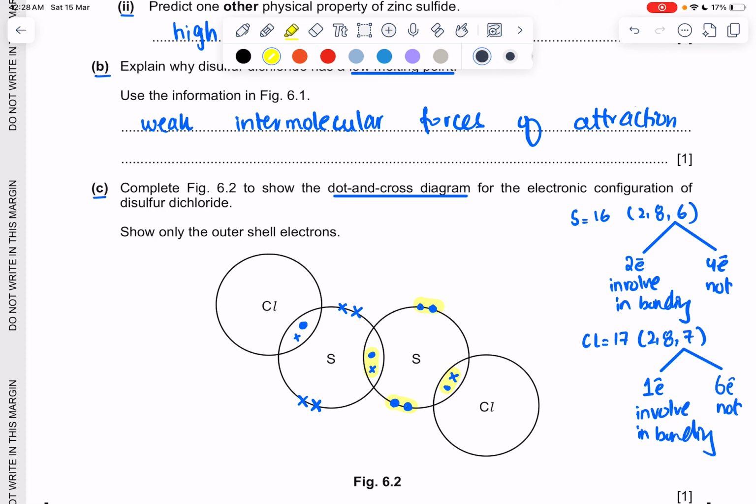Okay, for the chlorine, 6 electrons are not involved. So 6 crosses for this chlorine and 6 dots for this chlorine. Now this is the complete diagram for the disulfur dichloride.